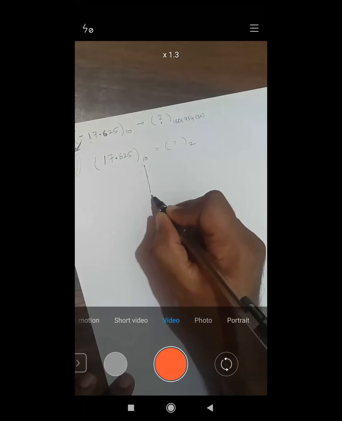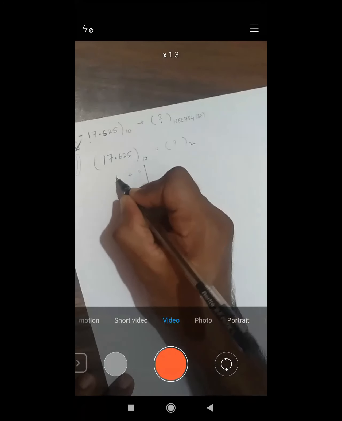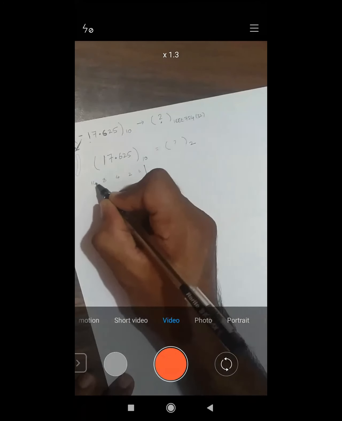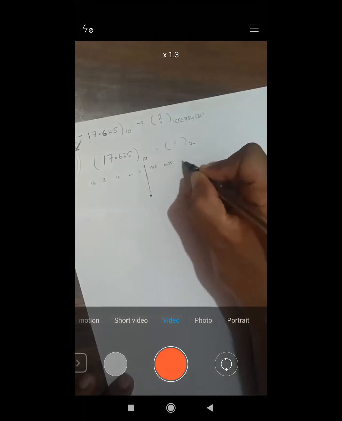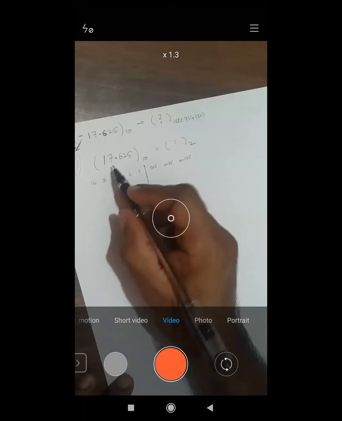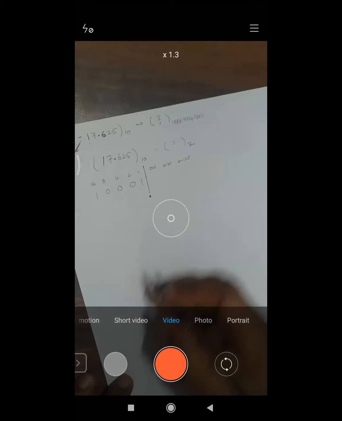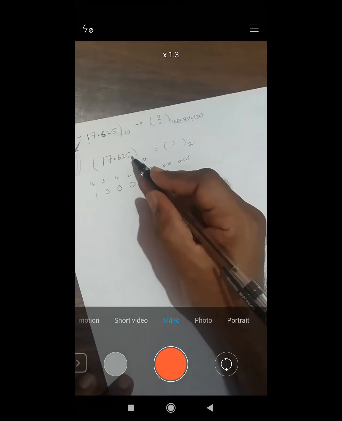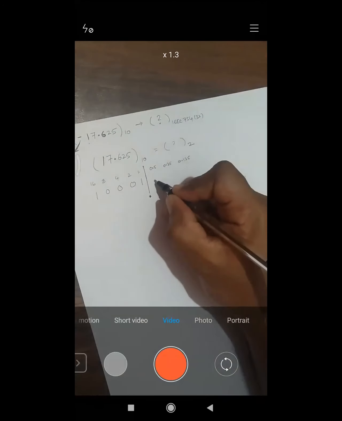How to do this one? This is your decimal point. Place values are 1, 2, 4, 8, 16, and this side is 0.5, 0.25, 0.125, and so on. I need to make it 17, so 1, 0, 0, 0, 1, and 0.625 is 1, 0, 1.